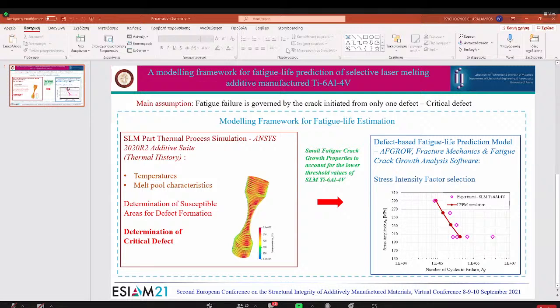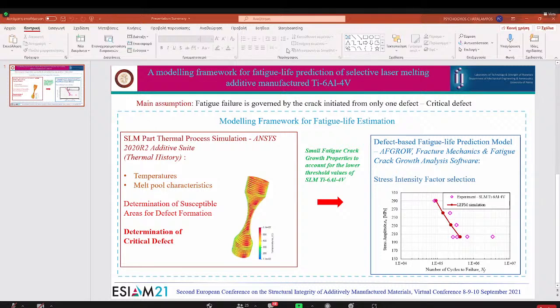The modeling framework consists of two sections. In the first section, a thermal history simulation of the fabricated part was performed in a thermal history module of ANSYS Additive Suite. The main output of this simulation are the temperature fields and the melt pool characteristics of the part in a layer by layer manner.